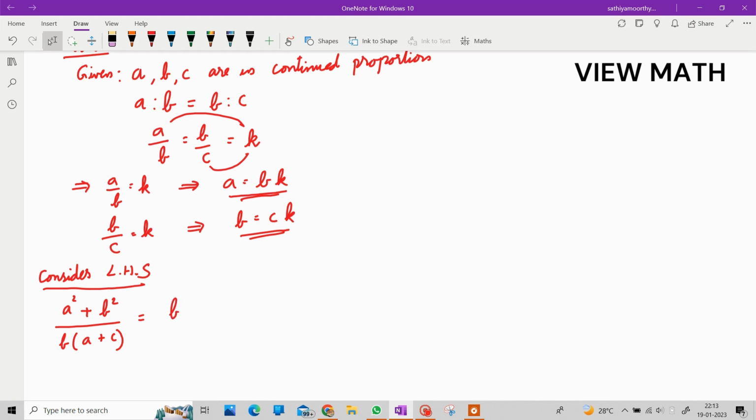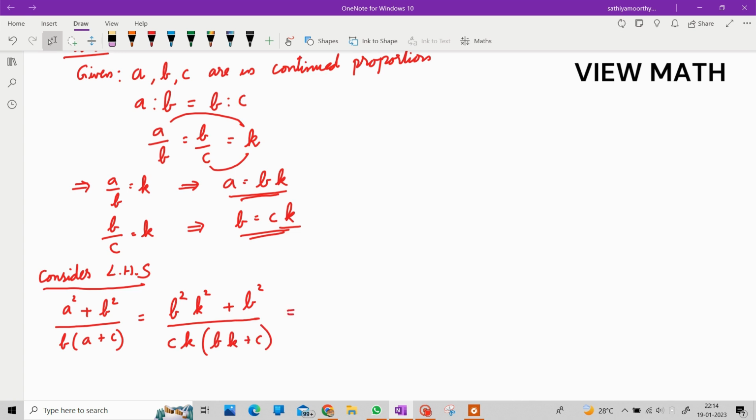If I substitute bk, a square becomes b square k square, plus b square, divided by b, which is ck, into a, which is bk, plus c.